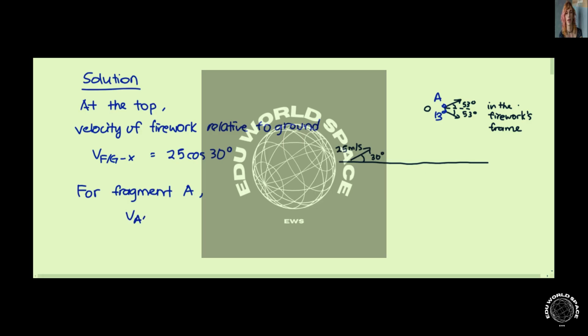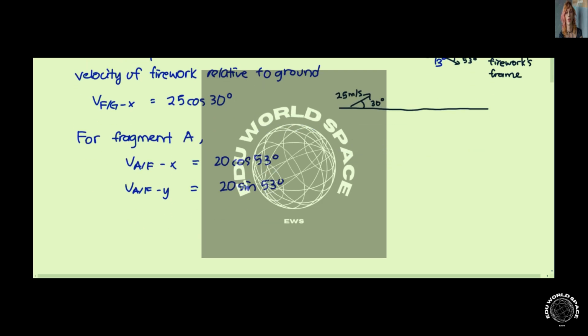So VAX in the fireworks frame, the x component is 20 cosine 53 degrees, and then the y component is equal to 20 sine 53 degrees.